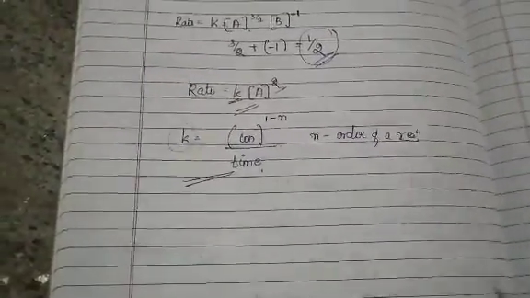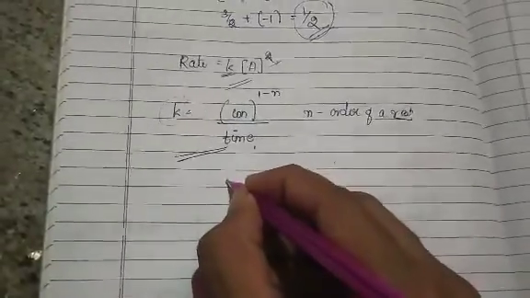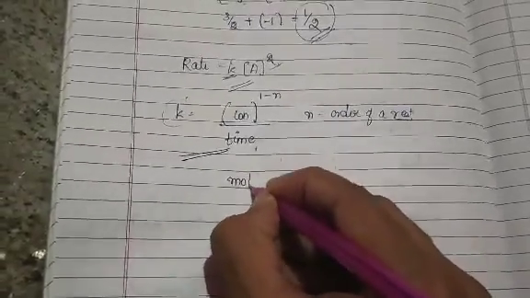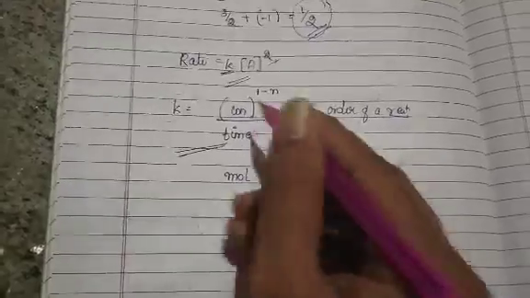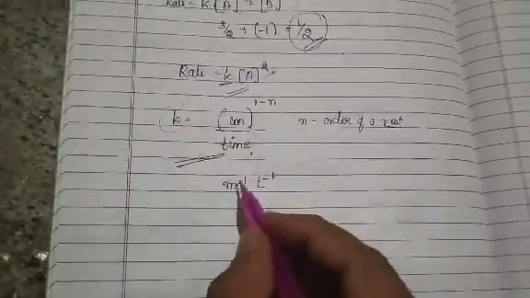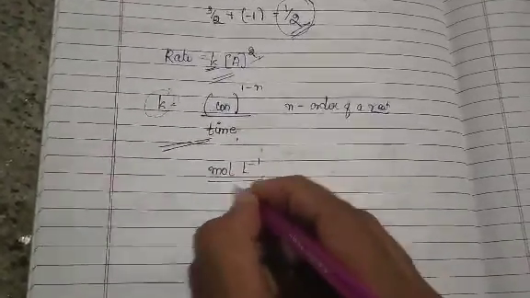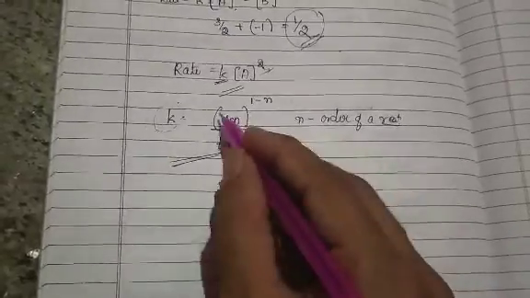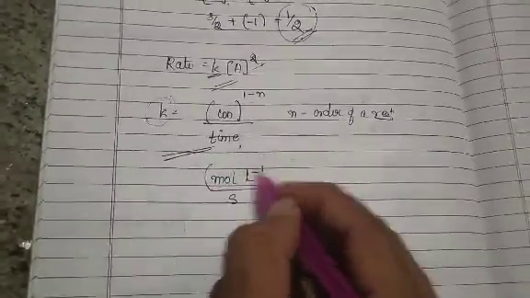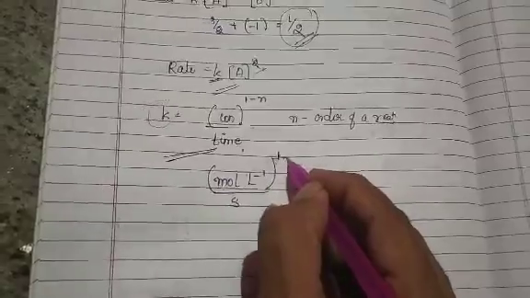Concentration has the unit mole per liter. Only for the concentration part I am asking. Mole per liter divided by second. Remember, 1 minus n is only for the concentration term.